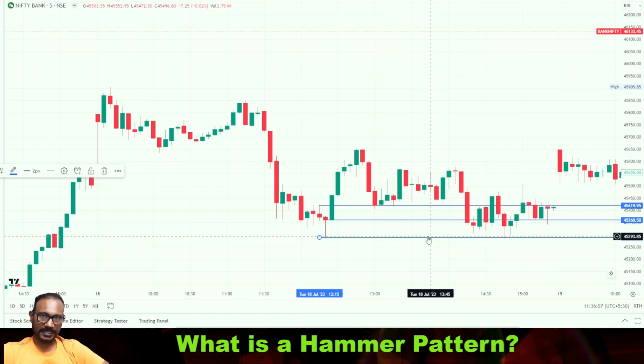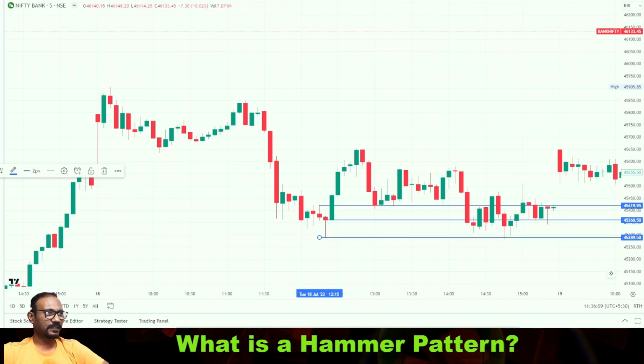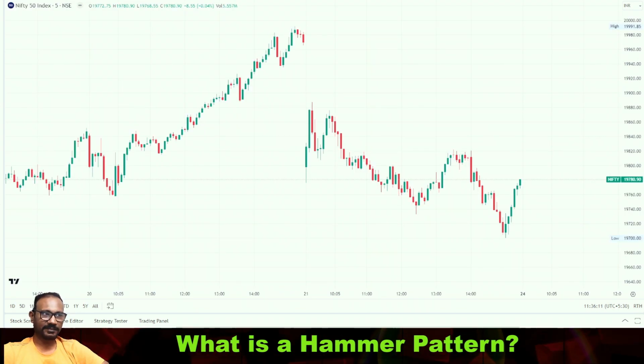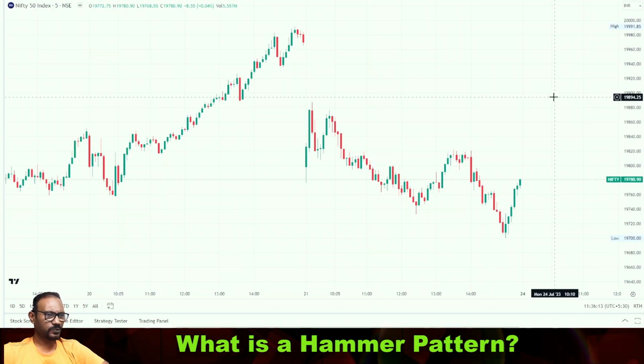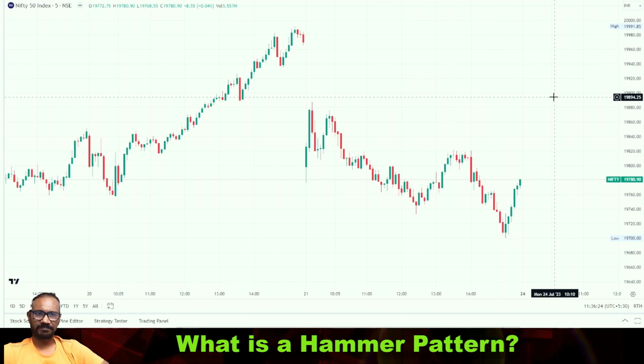Let's see more examples. Now let's explore Nifty. In Nifty, can you spot a hammer here? I give you a couple of seconds. Maybe you want to pause the video, you can pause and then find where the hammer is. Right?